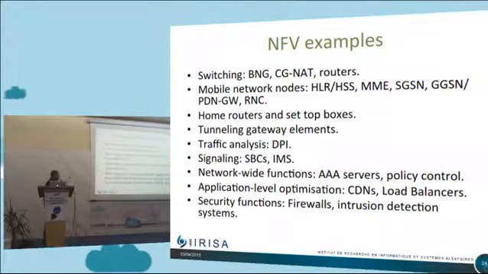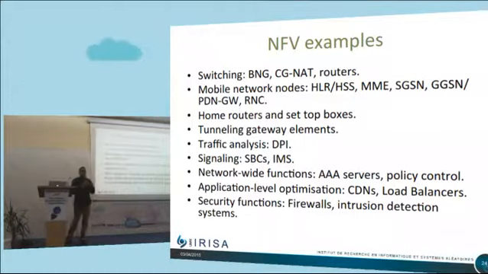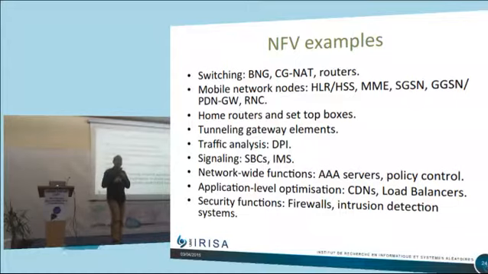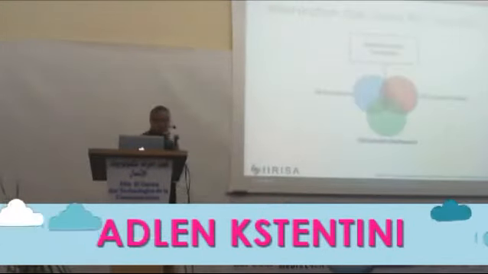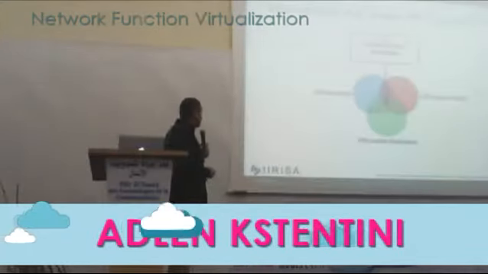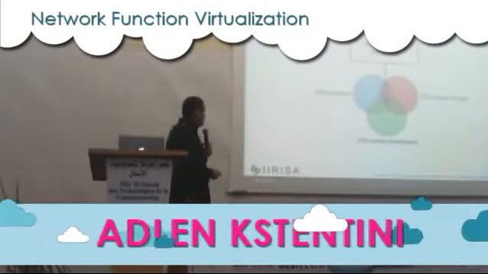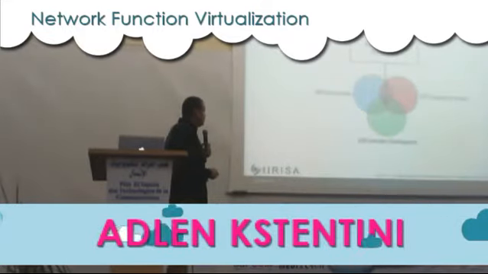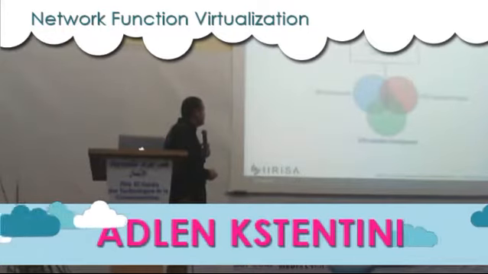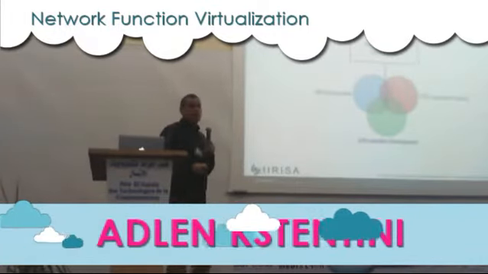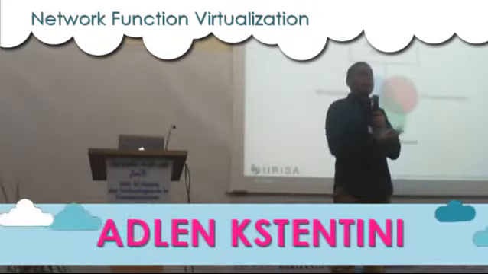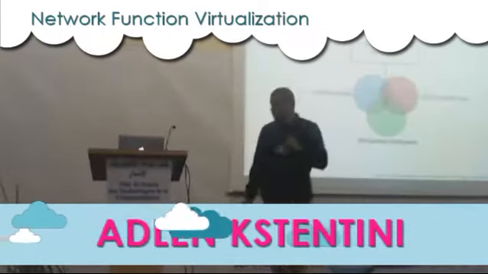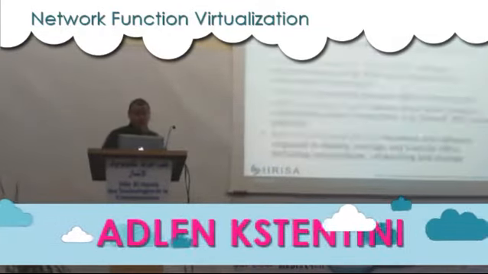So NFV requires moving network applications from dedicated hardware to virtual containers on what we call commercial off-the-shelf hardware, which means that now we do not need, for instance, a dedicated router, but only a CPU and a virtual machine could do the job. So here is the relationship between the VM orchestration systems, the COTS compute evolution and the SDN controller. Network function virtualization will be somewhere between all these elements, which means that network function virtualization is not possible without the development of all three together.